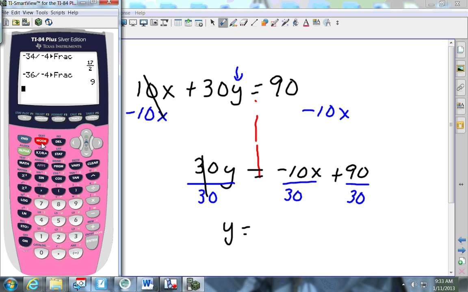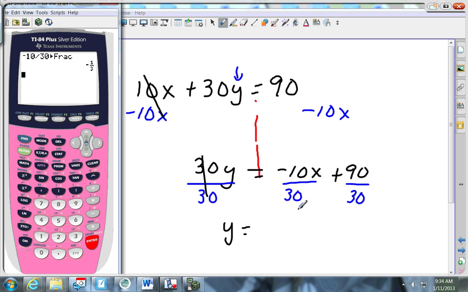So I'll go second quit, and I'm going to put in there negative 10 divided by 30. And you can press math. Look, underneath the alpha button right here is math. Press enter twice. It will reduce the fractions for you. That way, in case there are other ones on the EOC or on your test, you can figure out which ones they're supposed to be.